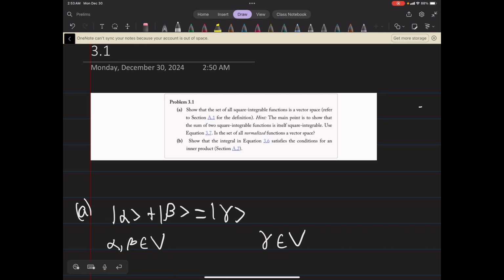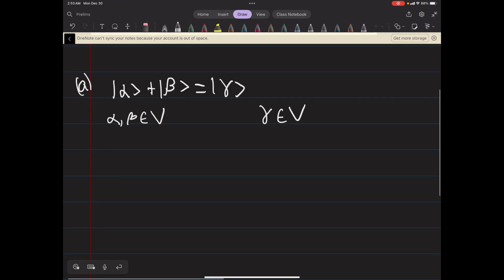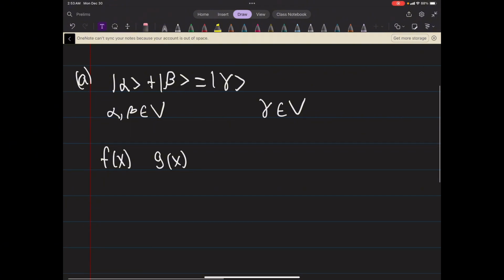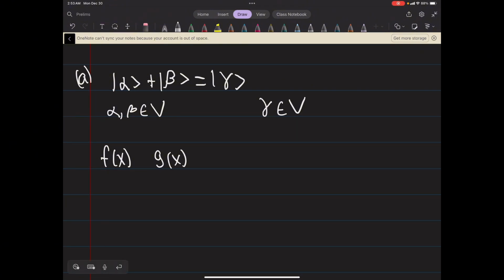But to focus on what it wants us to show, what we want to show is that if you take two square integrable functions, that gives you another square integrable function. So let's just take f(x), g(x), and just use the definition for something to be square integrable. The integral over some interval of the modulus squared has to be less than infinity.